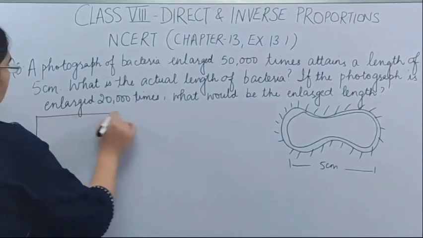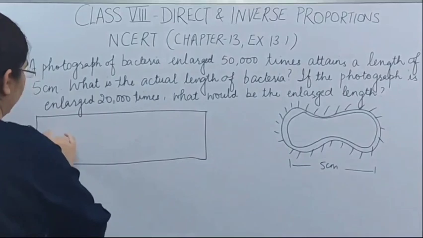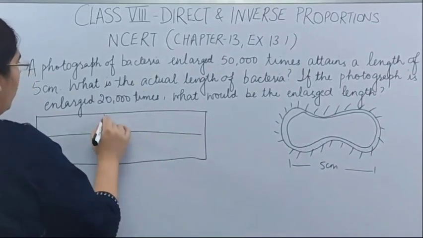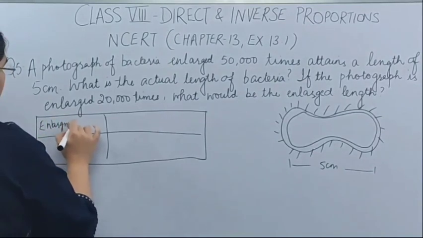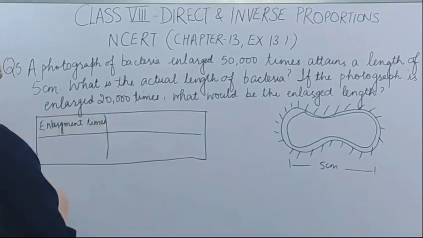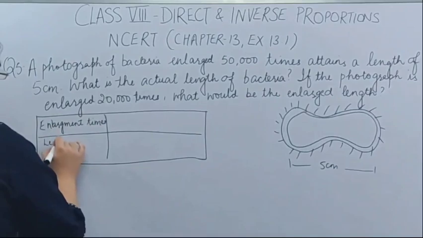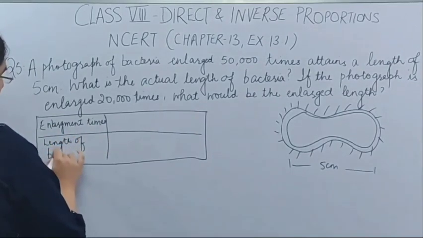So, when we tabulate, we say what is the enlargement, times enlarged, and length of bacteria in centimeters.